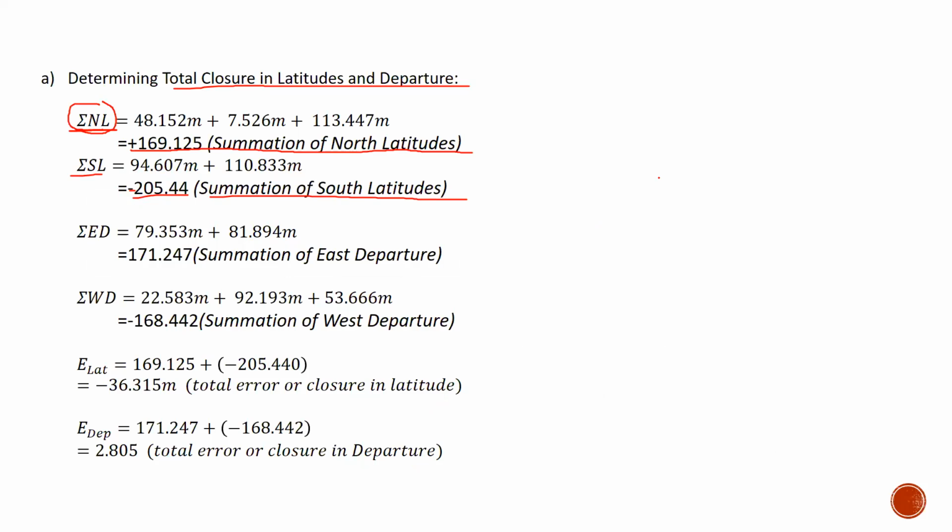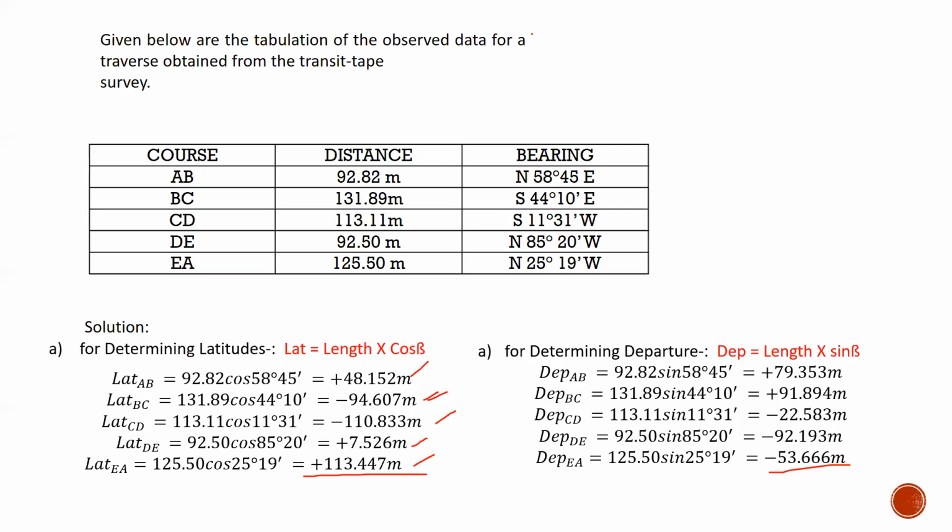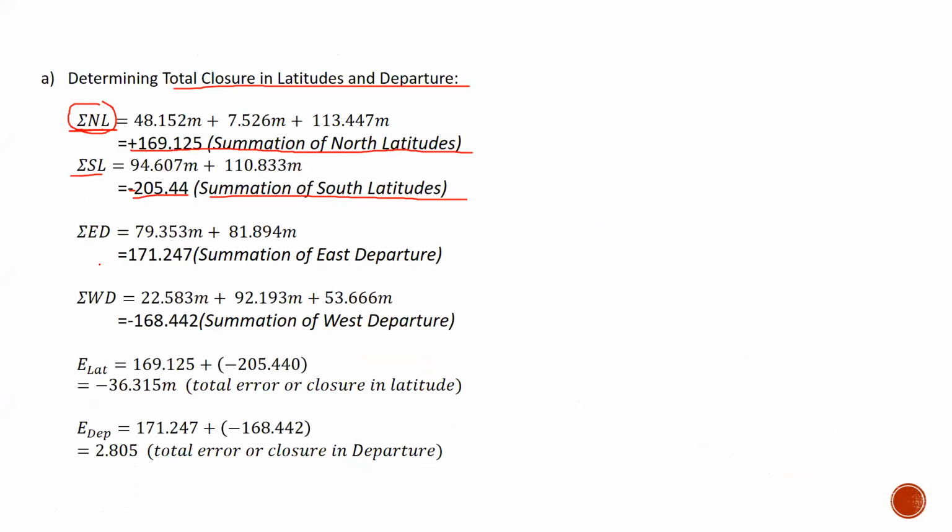Next, we sum the departures. We sum all the positives: 79.353 meters plus 91.894 meters, that is equal to 171.247 meters.